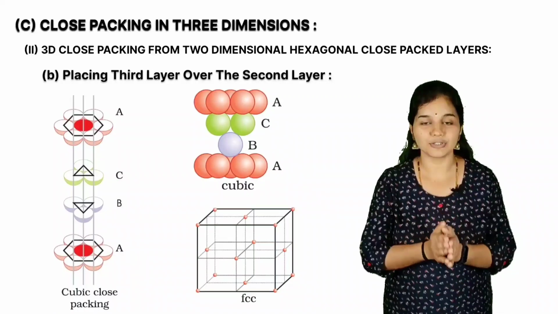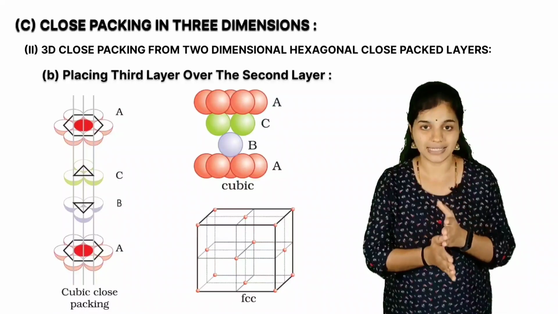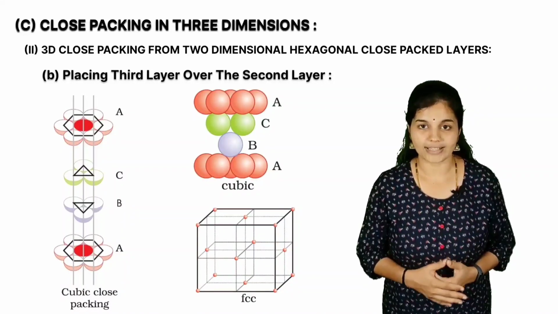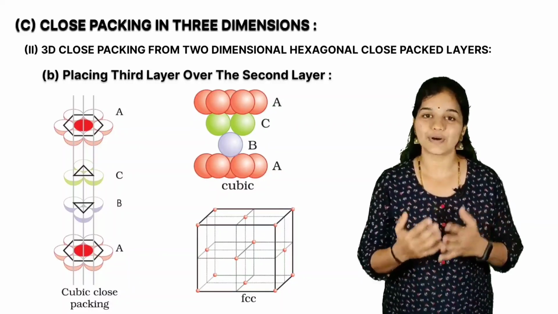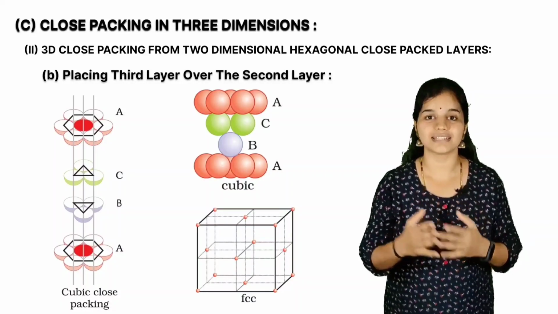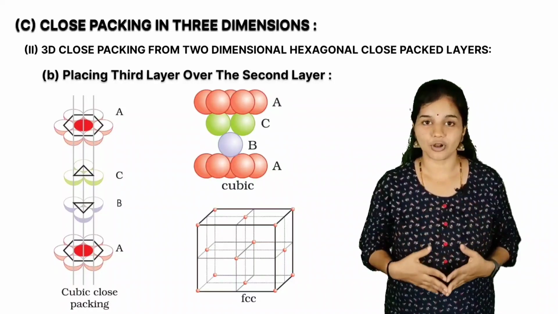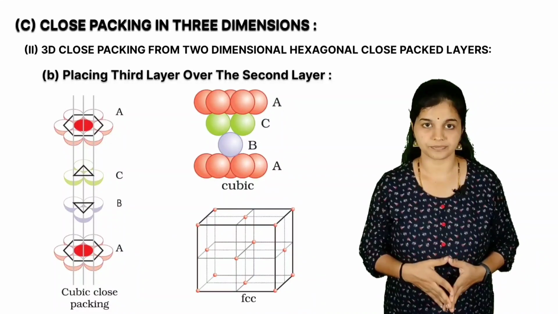So this pattern of layers is represented as ABC. This structure is called the cubic close packed structure, or it is also called the face centered cubic structure. In short, the structure is called CCP or FCC structure.